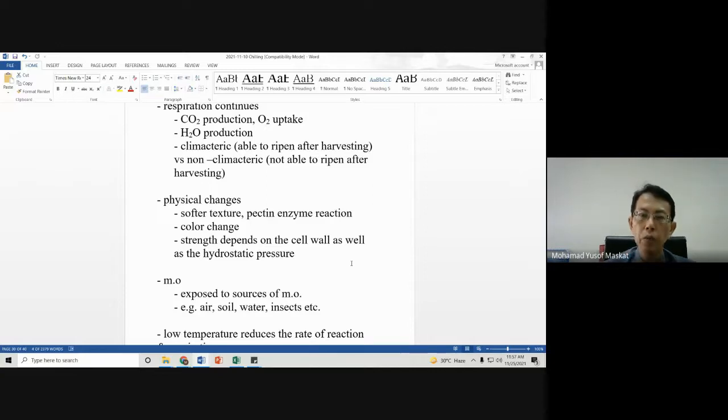But when it starts to ripen, pectin enzymes will be produced, and they will react on the pectin and degrade it, and what we observe is a softer texture because there is less pectin. And then there is also color change. The strength depends on the cell wall as well as the hydrostatic pressure.